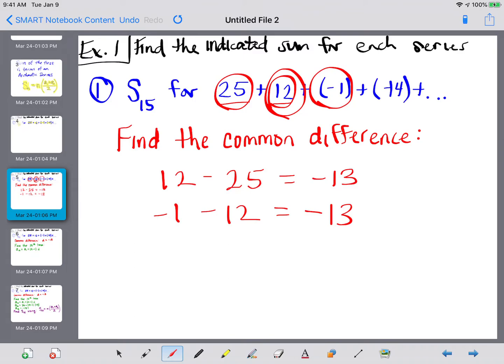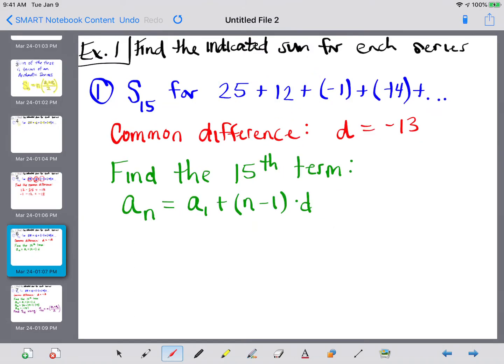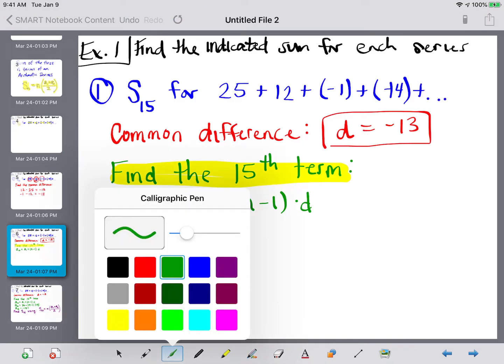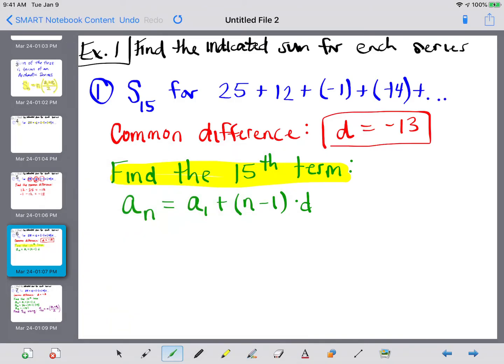Once we have the common difference of d equals negative 13, we need to find the 15th term in the sequence. To do that, we need to remember how we found the 15th term from our arithmetic sequence from our previous lesson, where we need this formula identified early in the video. A sub n equals a sub 1 plus n minus 1 times d, the common difference.